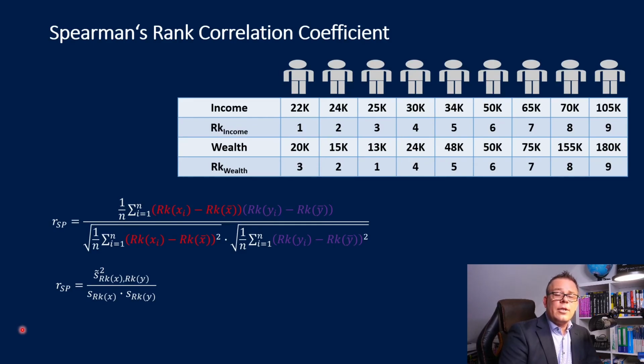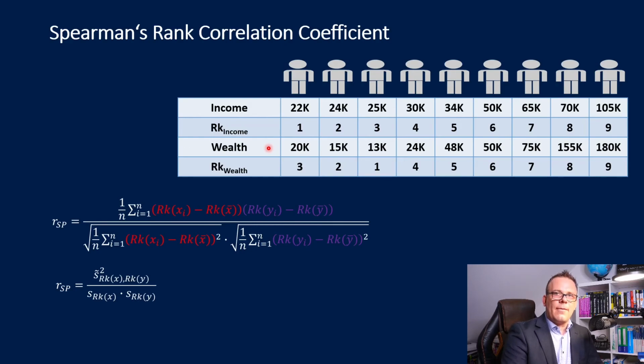Let us now take a look at the proposition of Spearman. Spearman does not correlate the pure values to each other, but the ranks. So what are the ranks? Here we see the income that is already sorted from the smallest to the highest income. So here we have the poorest guy, here we have the richest. Accordingly, the rank is 1, 2, 3, 4, 5. That's okay like this.